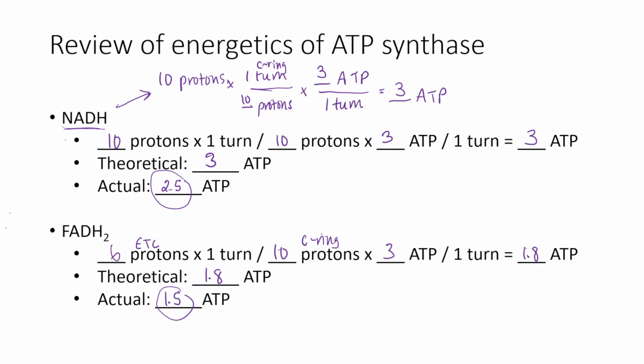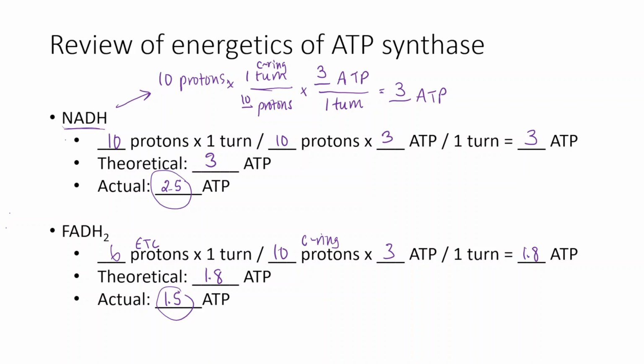Why the what? So basically, if you could use every single proton that was pushed into the intermembrane space, and put them all back through ATP synthase, then you would get that theoretical number. But you lose some of those protons. Some of them just leak back through the membrane without passing through ATP synthase, so they go back into the matrix by themselves.